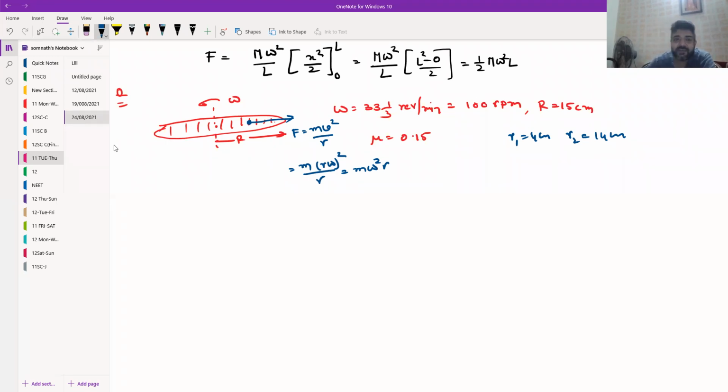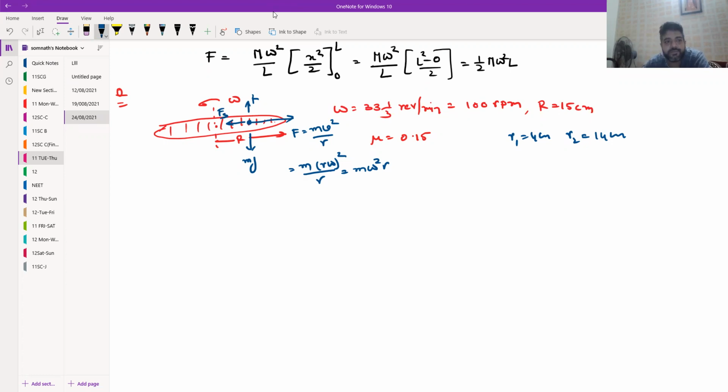Now, as the tendency of motion is in this direction, the mg of the coin acts downward, the normal reaction is upward, so the frictional force acts in this direction. Yes or no? Yes.